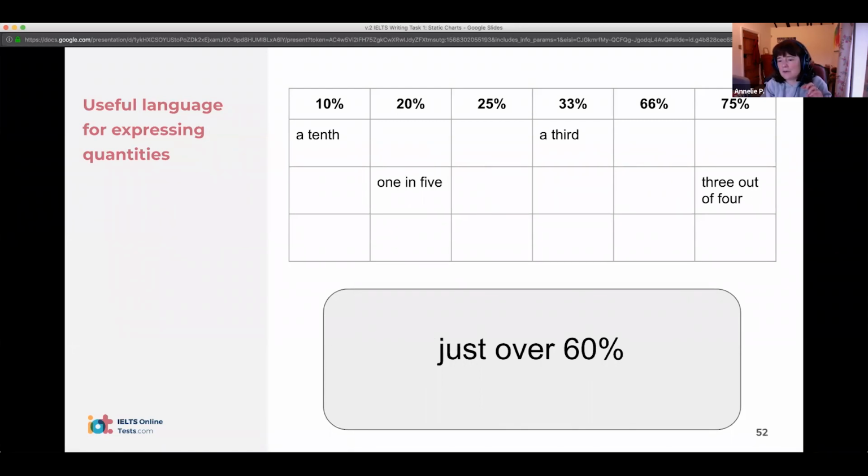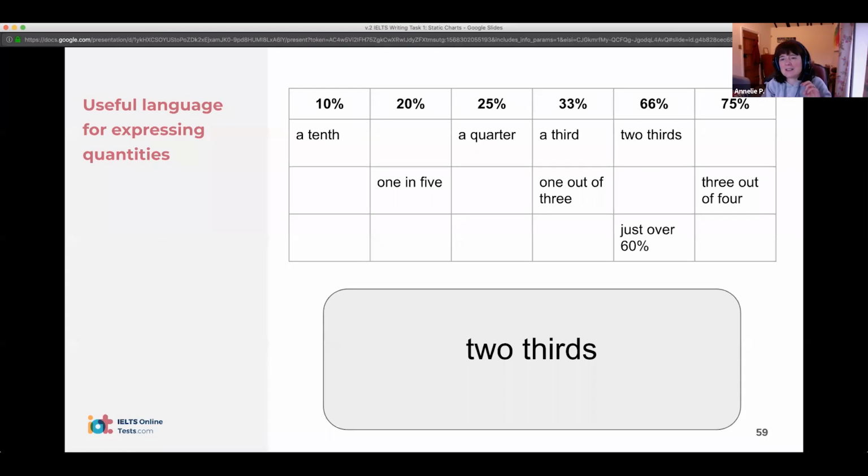Just over 60%. Very good. 1 out of 3. A bit of maths here: 1 out of 3 is a third, or 33%. A quarter would be 25%. 2/3 would be 66%.